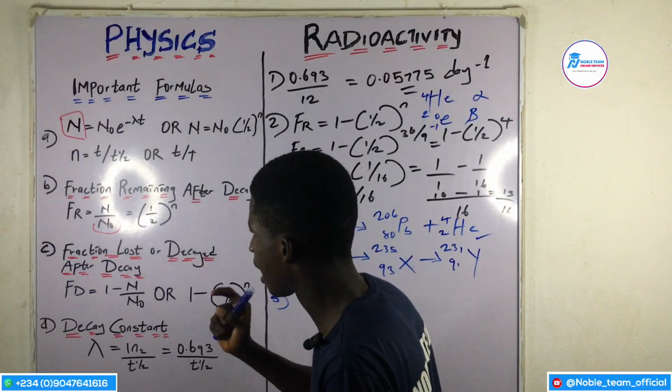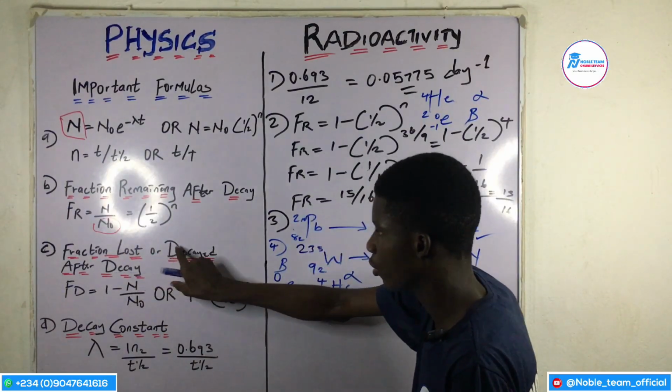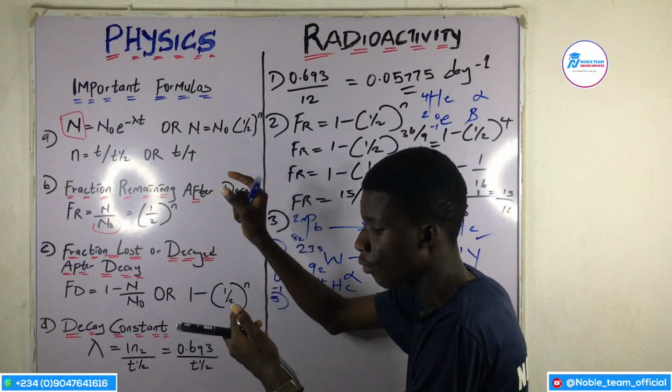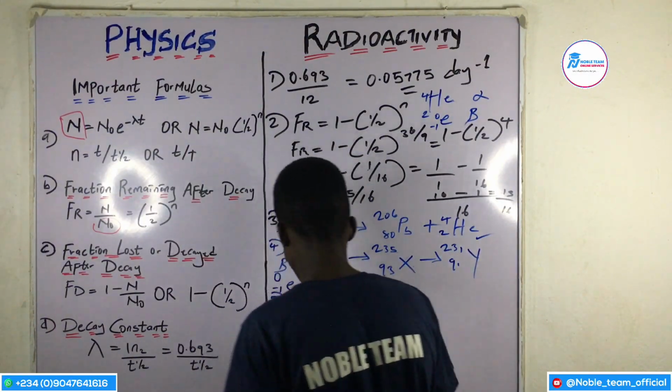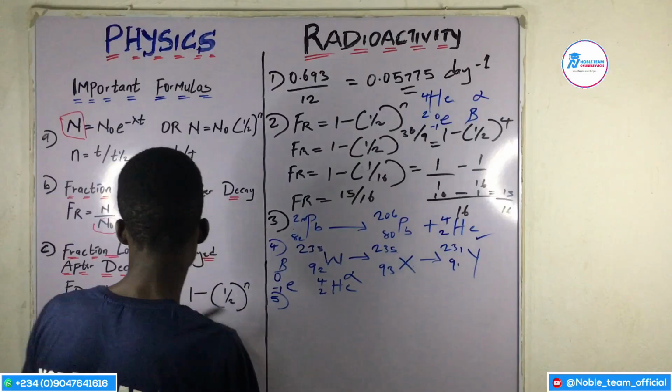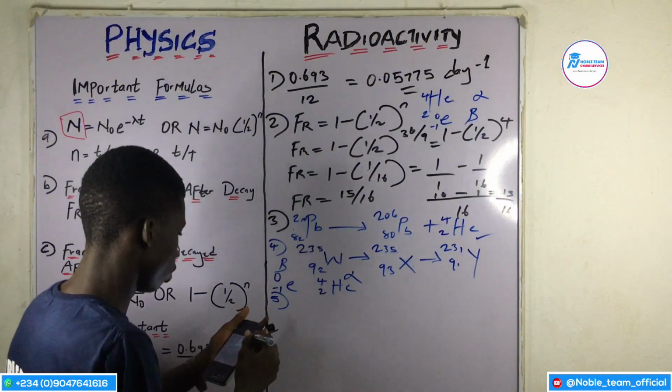Okay, what formula are we going to be using? This one. We have been asked to get the fraction of a radioactive material that has decayed. Using this formula, do we have the half-life?